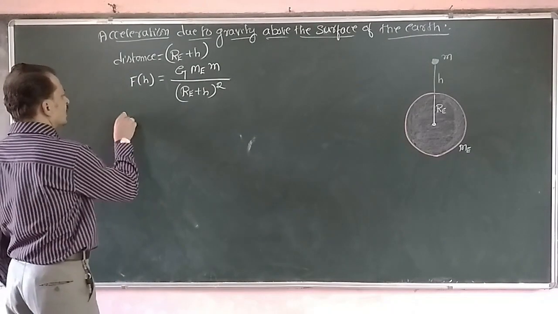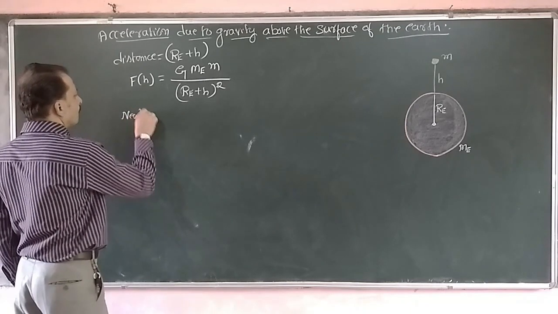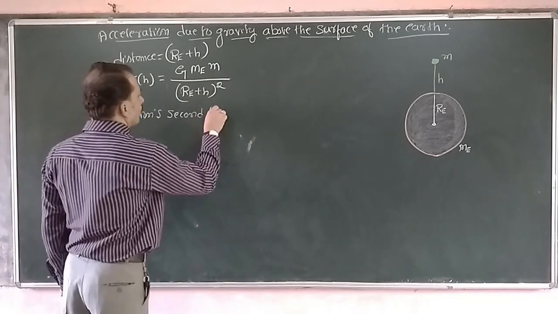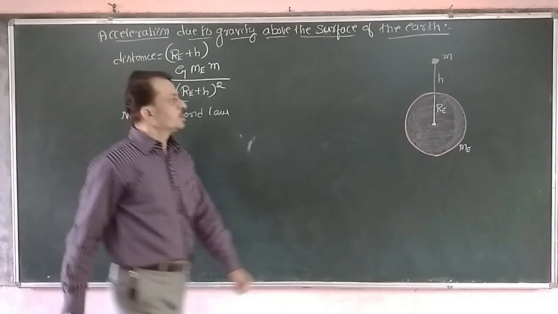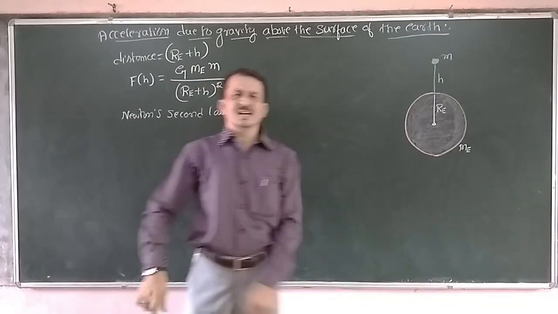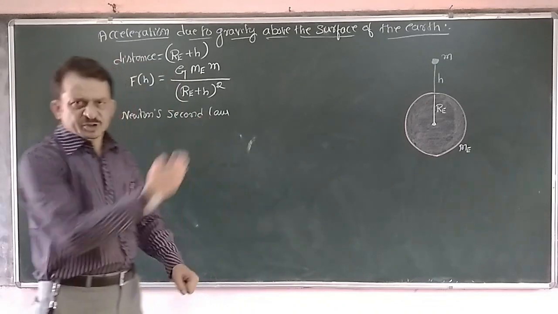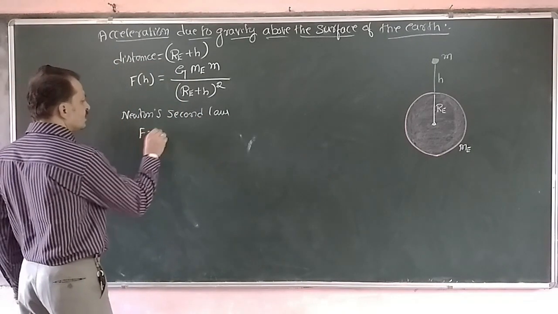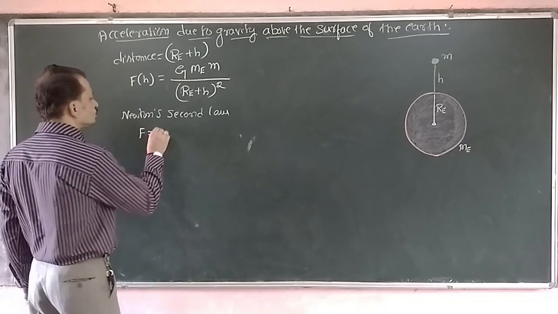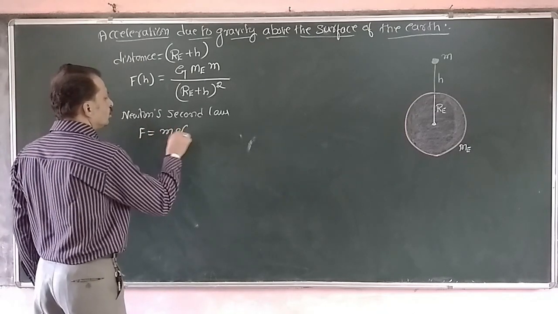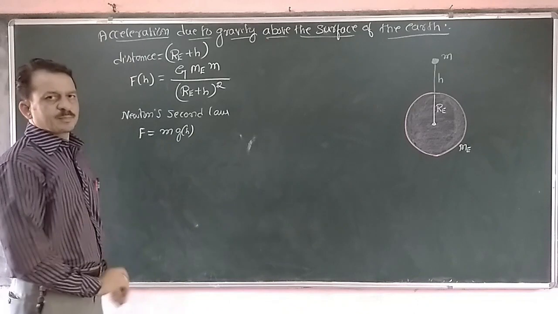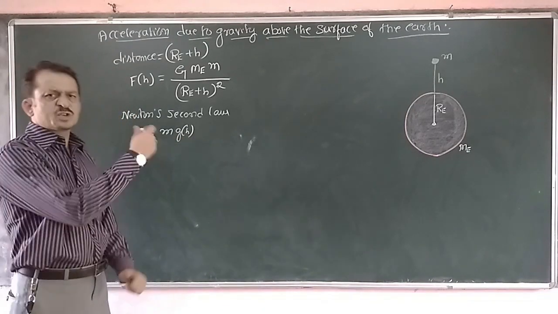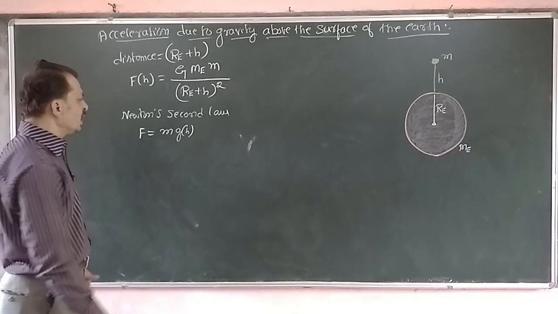According to Newton's second law, that point mass is accelerated towards the earth because of the gravitational pull, and that is given by F is equal to m into g. Here we will write it as g of h because this acceleration due to gravity is also varying.